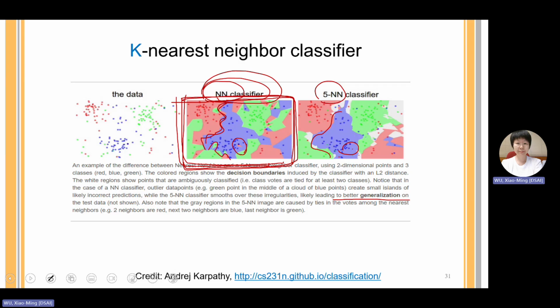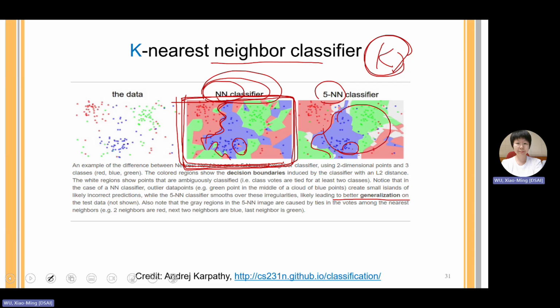I think we can make one conclusion now: we should avoid setting k too small when using the nearest neighbor classifier. But shall we set k to a large number? K shouldn't be set too large either.